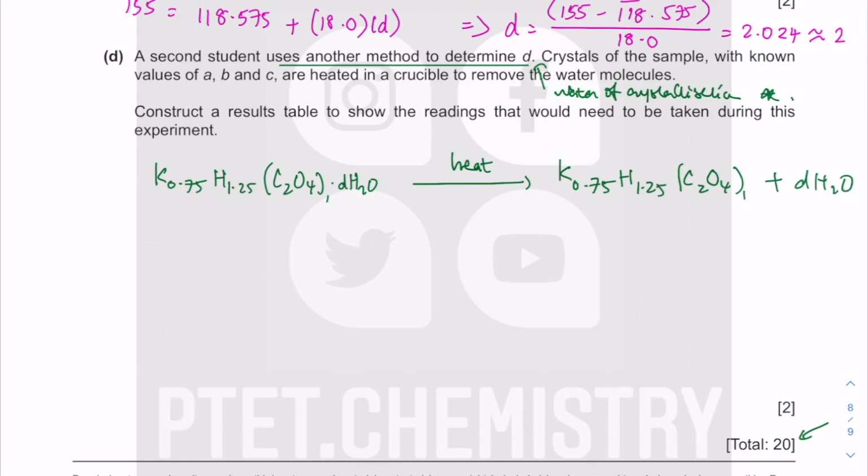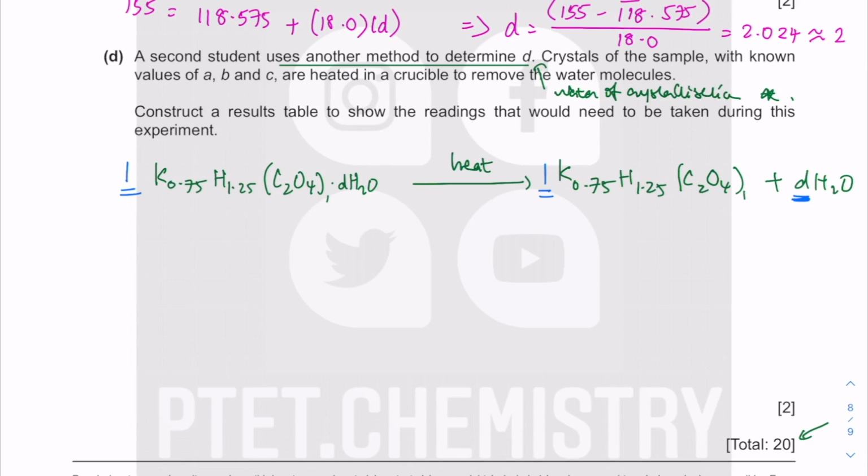It will give off this water of crystallization, and as you can see, this is 1 mole, this is 1 mole, this is D mole. If we know the changes in the mass, then we can work out how much water has been lost. We can work out the moles of water lost relative to the moles of the solid that we have heated, and therefore the mole ratio, and hence the value of D.